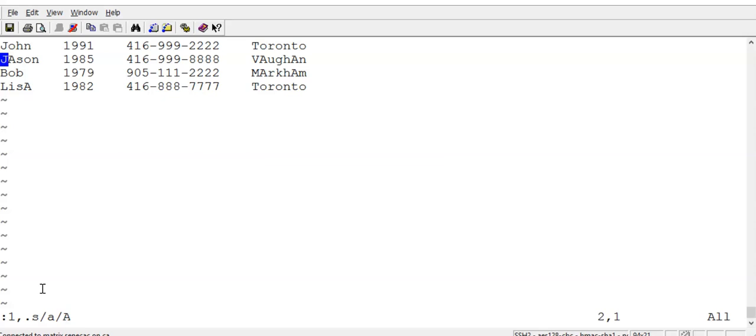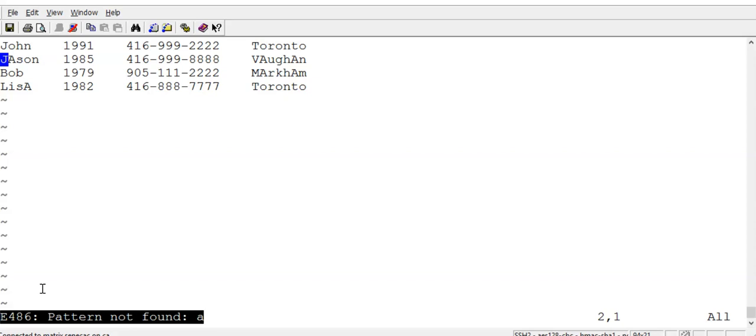And the last thing I wanted to show you is you can also say from the current, so dot, which is the current, comma, and then from the current location I want to do in the next 2 lines, substitute lowercase a with uppercase A. And of course, based on my current position of the cursor, it didn't find that pattern.